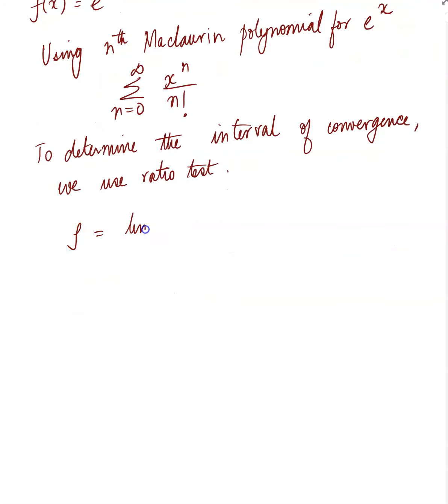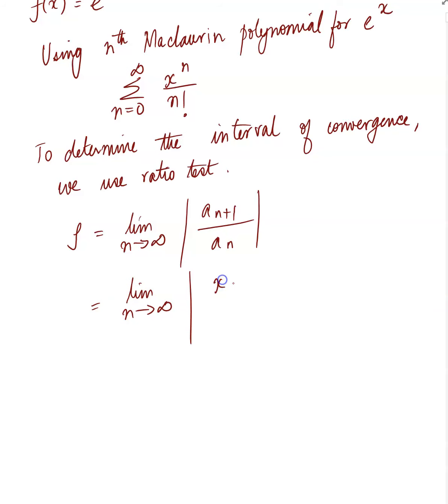So rho is the limit as n approaches infinity. I'm going to flip it here just to, that's n plus 1.